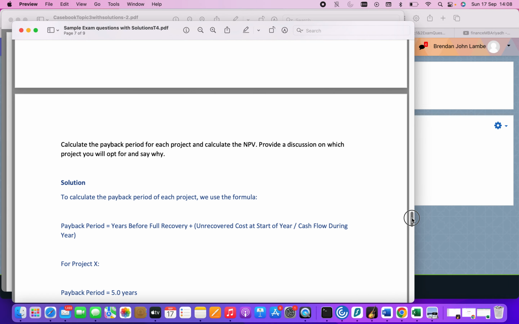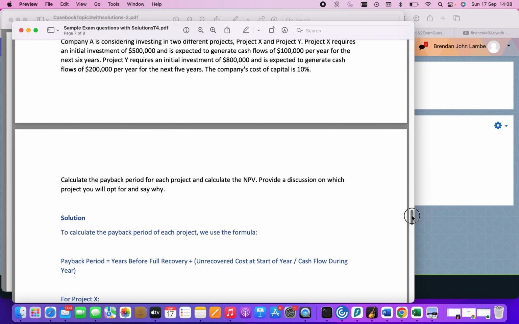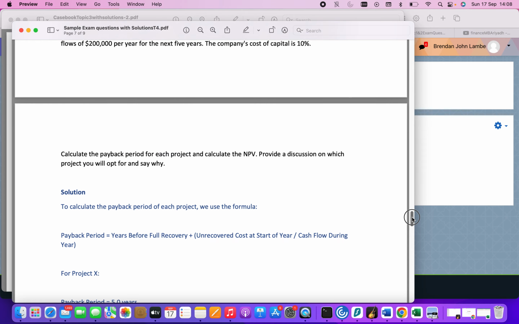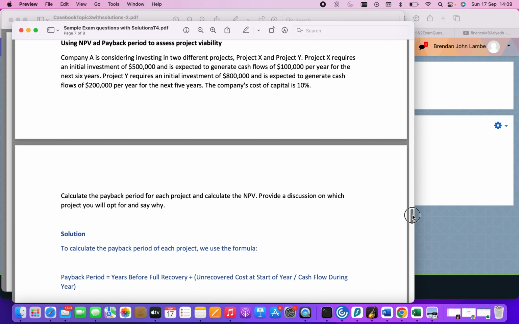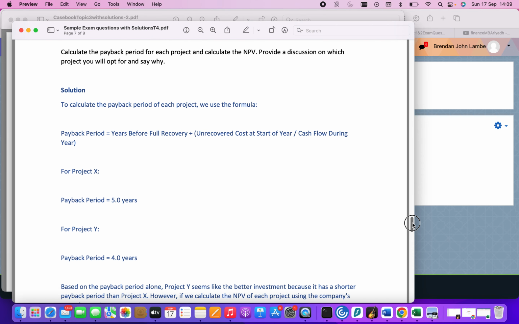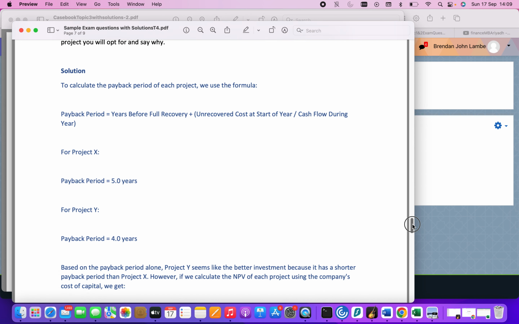For project Y, we initially invest 800 and it will take us 4 years because we have cash flows of 200 per year. So you would go for either the payback period with the shortest amount of time or that which corresponds to whatever arbitrary number we've given it. So if you're just looking at payback period alone, project Y seems like the better investment.